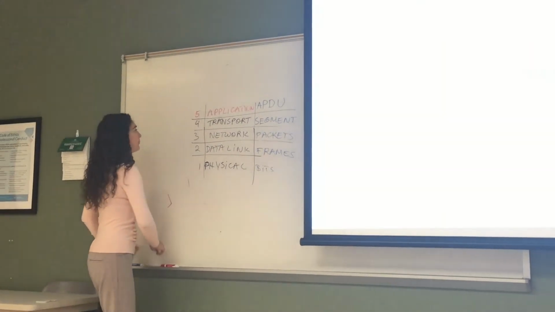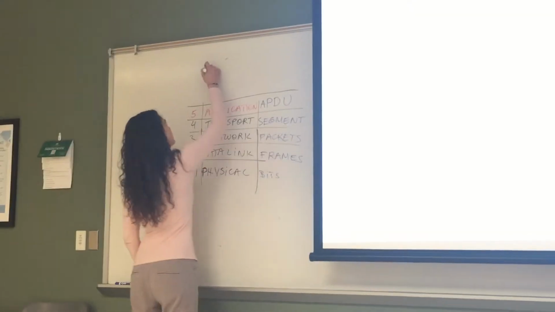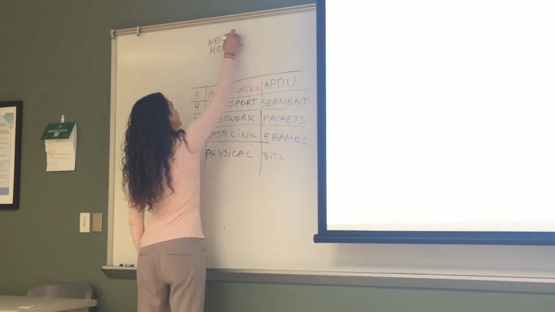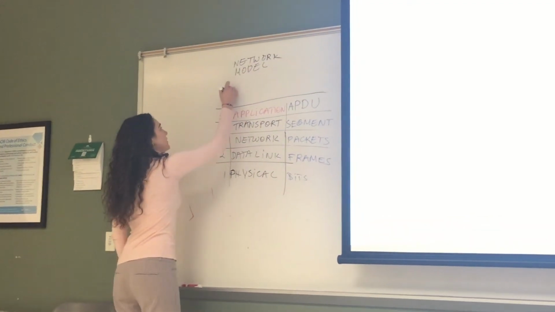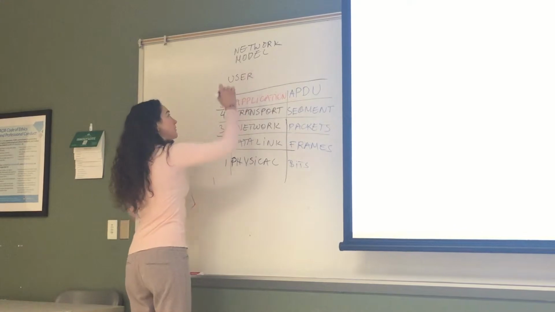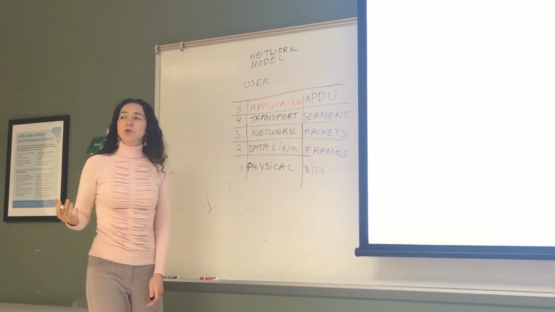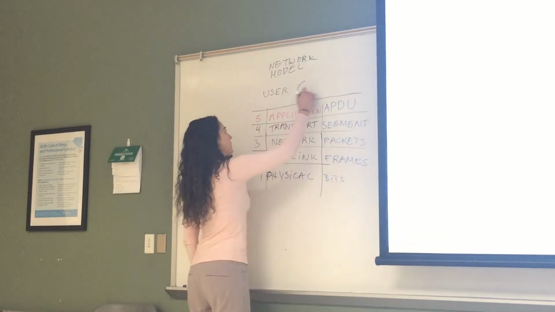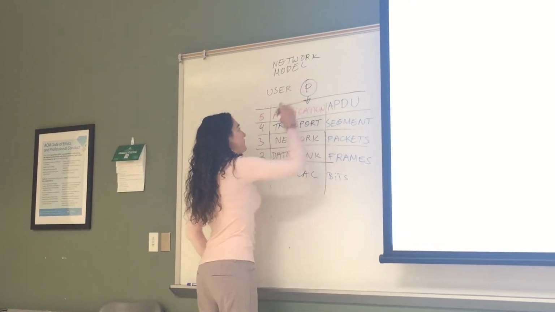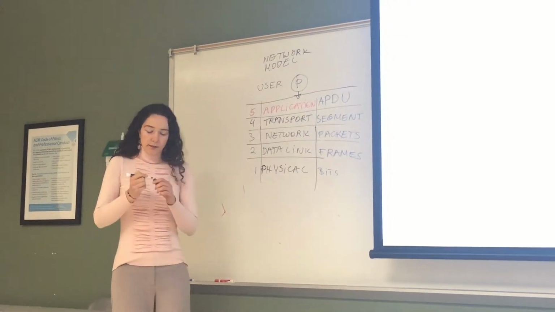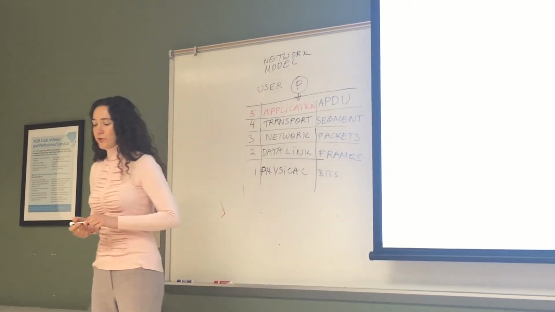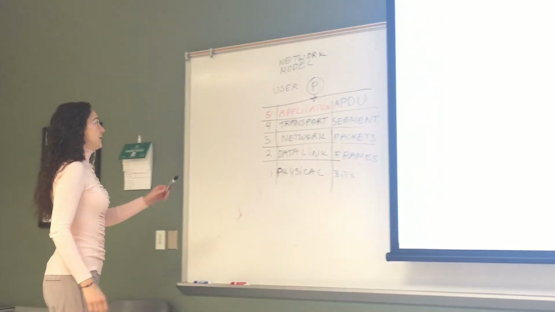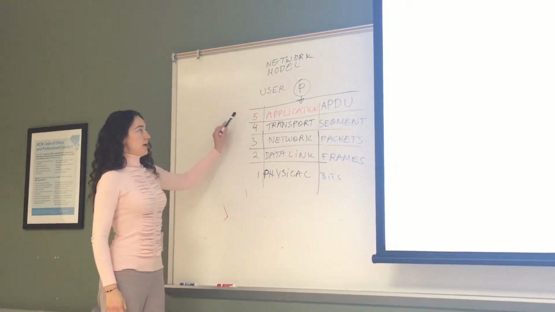At the top of our network model are the users, such as human users or software users, such as processes or applications. Any process, which is a running program that needs to use the network, directly interacts with the application layer.